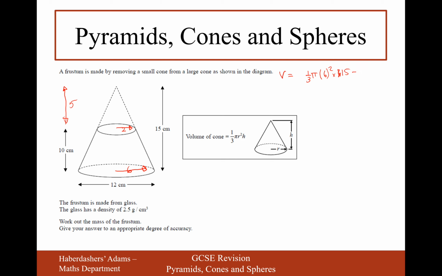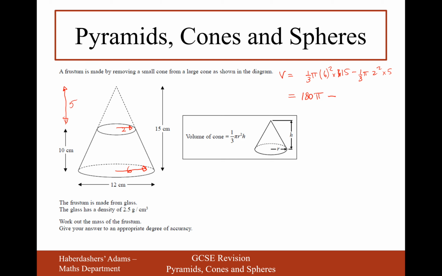And then it'll be minus the small cone, which would be a third pi times 2 squared times 5. Okay, let's now work each of these out. So a third times 6 squared times 15. So 6 times 6 times 15, and then divide that by 3. That gives us 180 pi.